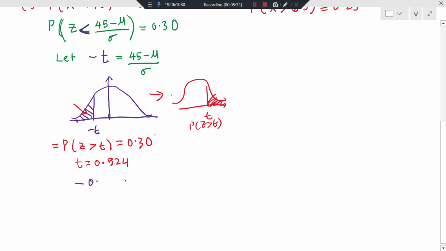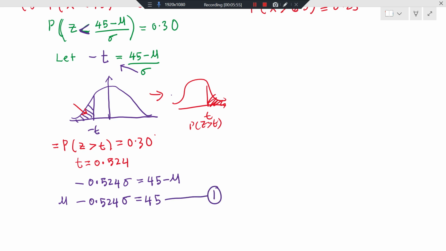Negative 0.524, I bring the sigma over here. Sigma is equal to 45 minus mu. And then I bring the mu to the front. Mu minus 0.524 sigma is equal to 45. This is your equation number 1.